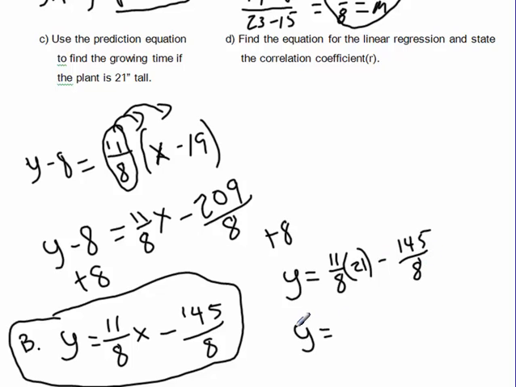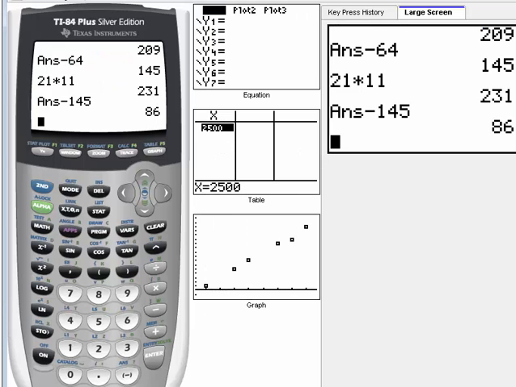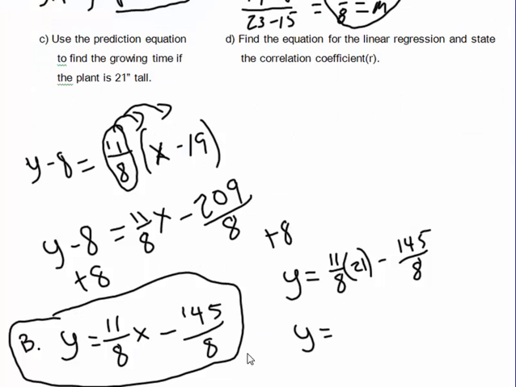So I get y equals, what did we say that was? 231. 231 eighths minus 145 eighths is 86 eighths. And we simplify that in half, I get 43/4.